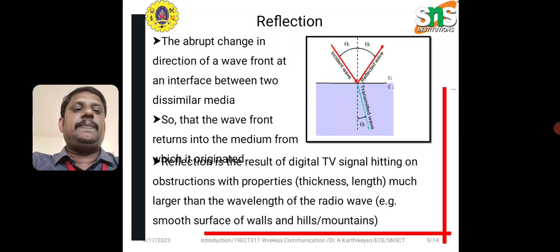Reflection occurs at the interface between two dissimilar media, not similar media. So we can go for the reflection method, where the wavefront returns to the other medium, from one to another.